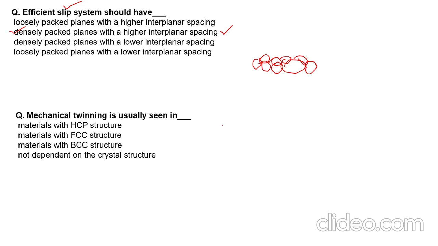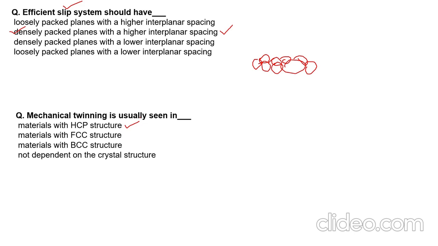You know that HCP, yeah, right. It is actually the HCP structure. If you have a structure which is very highly densely packed, a close packed structure which has a proper slip system, that is FCC with 12 slip systems possible, then there is a higher probability of slip occurring rather than twinning.